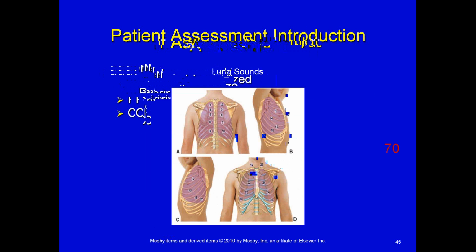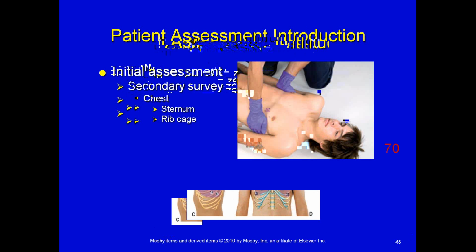We already looked at the type of sounds that you're going to hear when listening to lung sounds, and hopefully they're very, very clear. But if they're not, if they're wet, bubbly, gurgly crackles indicating fluid, then they're going to need attention. Noisy breathing is obstructed breathing.